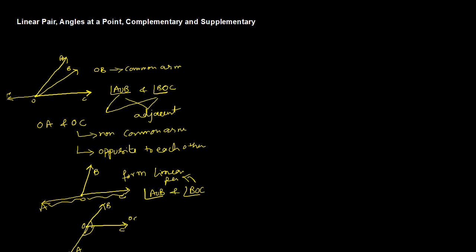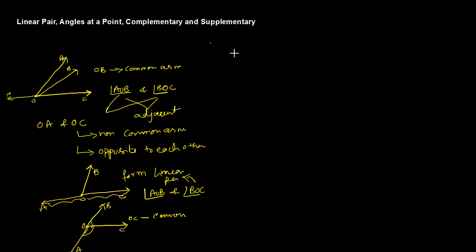So OC is common here. OC is the common arm, and OA is opposite to OB, or OB is opposite to OA. So what happens? Angle BOC and angle AOC form a linear pair. So based on that, the condition goes something like that.